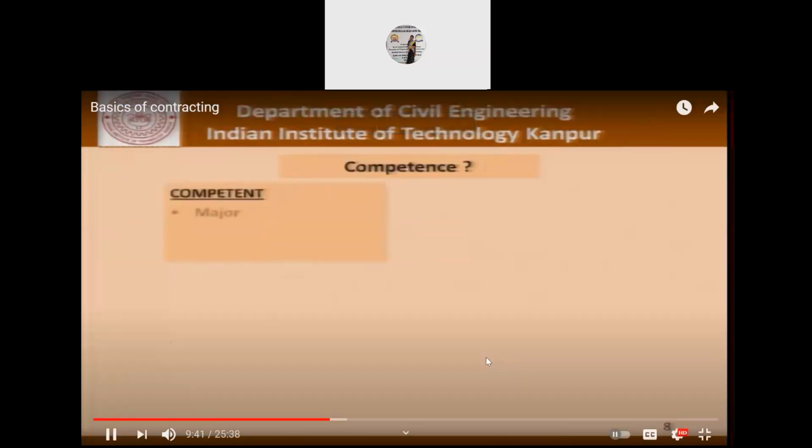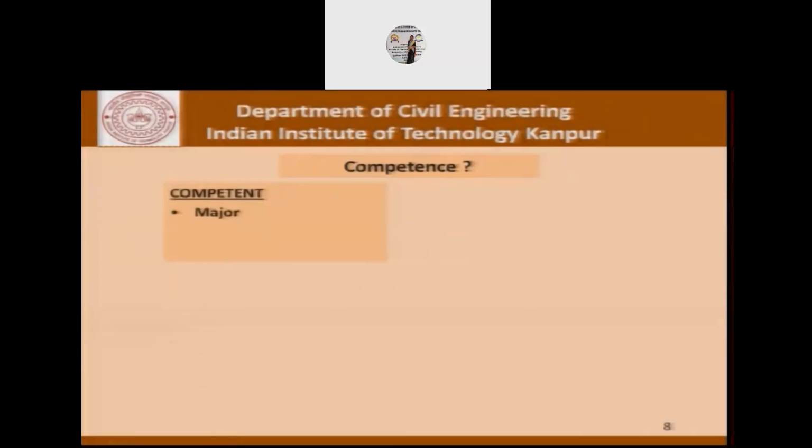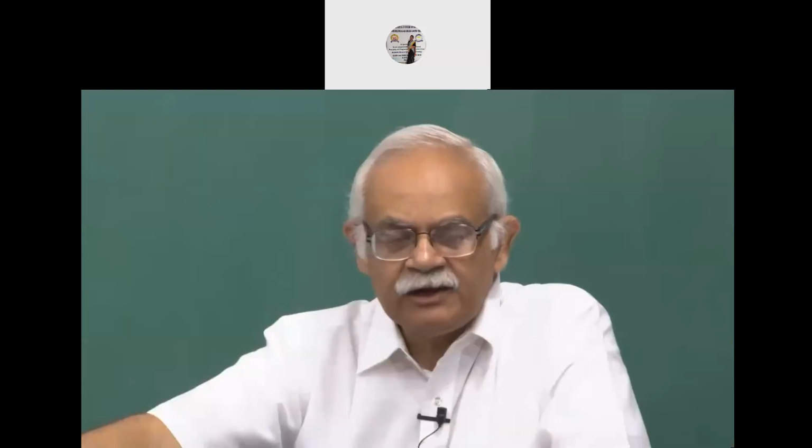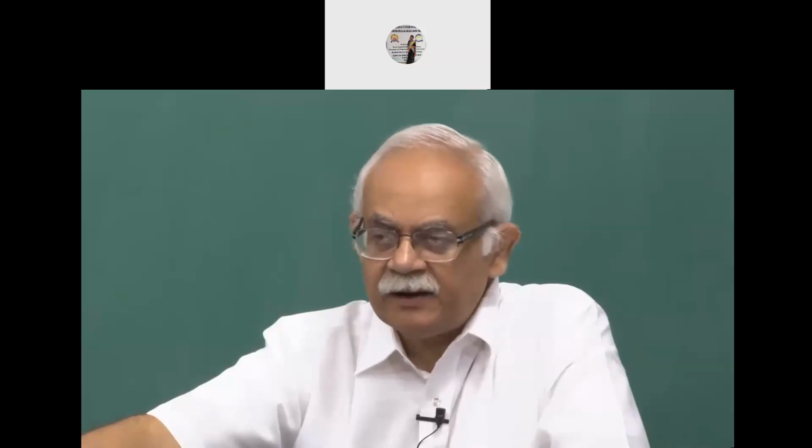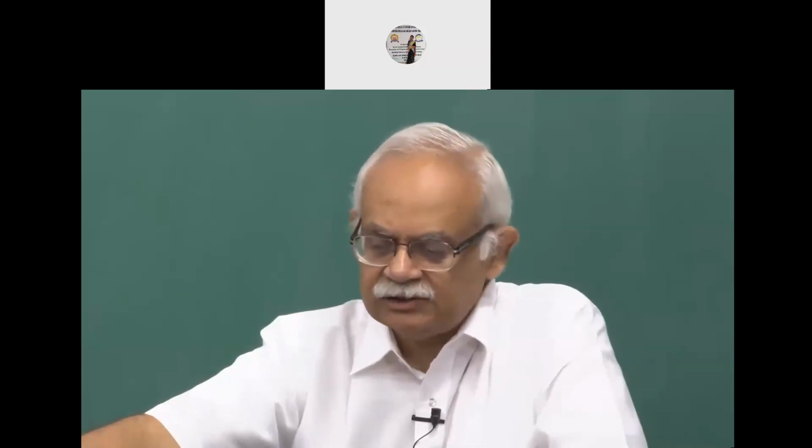As far as competence of people is concerned, one thing is that they should be adults, of sound mind, and responsible, and authorized to make a legal commitment on behalf of the company or the institute.